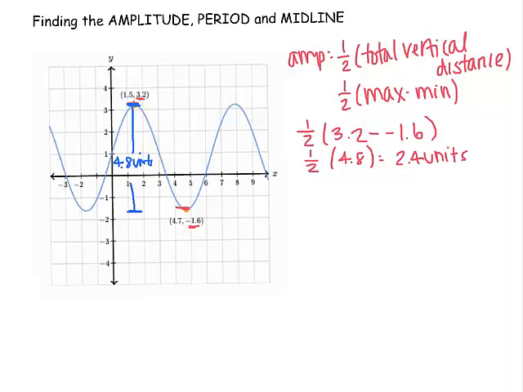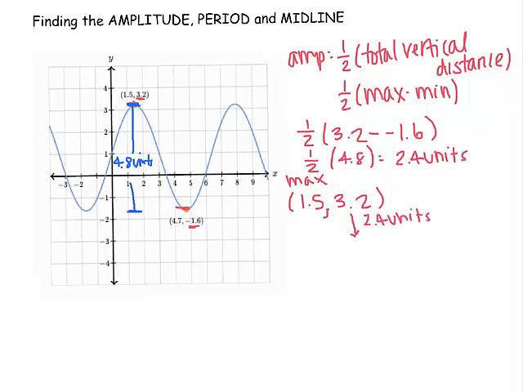Now once I've got the amplitude, that's going to help me find the midline. Remember that the midline cuts this graph in half, which means you'll be able to see the amplitude from the midline up and from the midline down. If I take a look at the maximum point, 1.5, 3.2, and go down from the maximum 2.4 units, I'm going to find the midline.